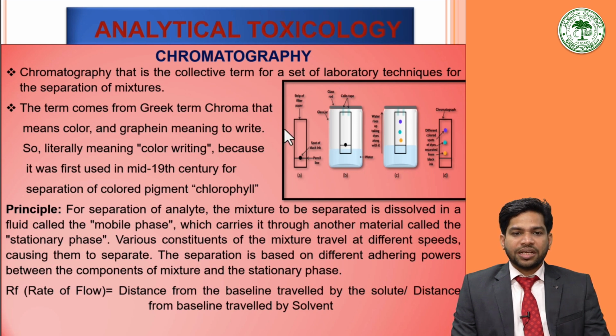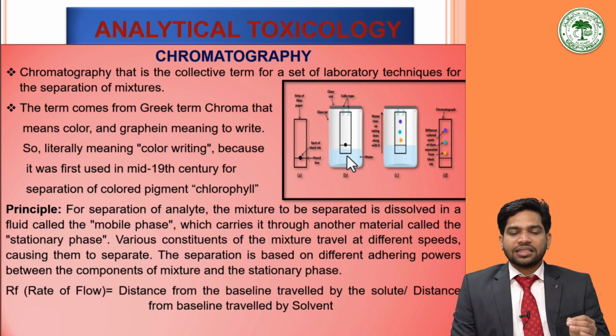As you can see in the picture, this is the chromatographic plate. Here at a point the sample of interest is put and it is dipped into the mobile phase. On the chromatographic plate, a stationary phase is there.